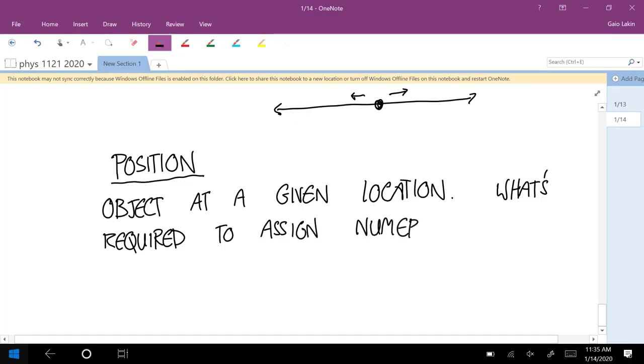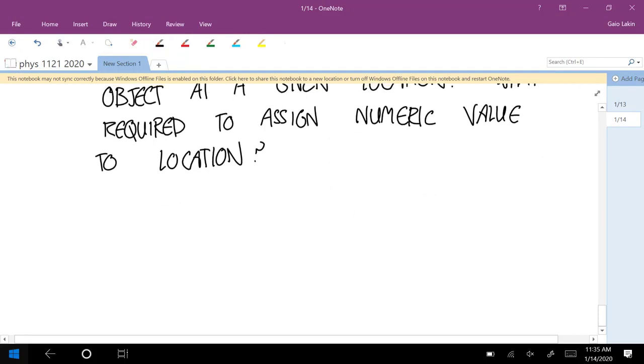A numeric value to the location. Well, it takes two things. First, you have to choose some reference location.